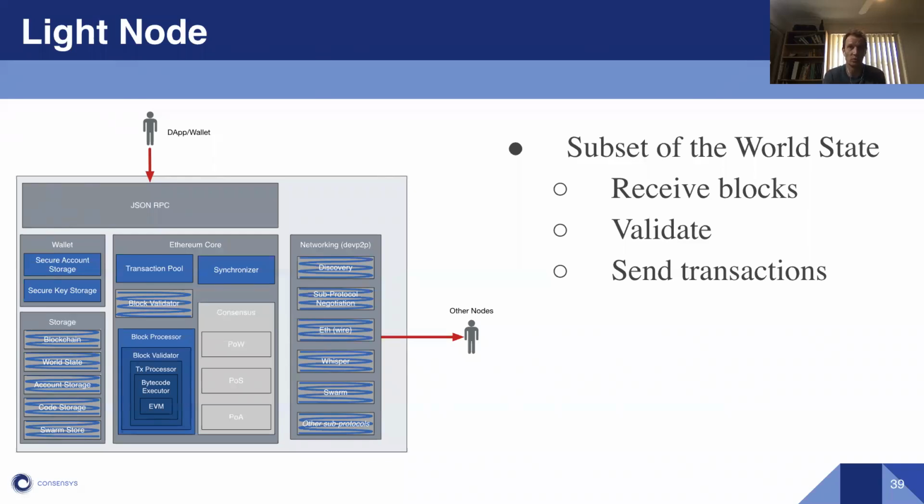A light node would not have any storage really of its own. It might have a little bit that's cached, but it's going to defer all the blocks to the networking layer. And so it's going to want to be using networking to essentially query other nodes. A light node probably doesn't actually respond to any requests for other information.